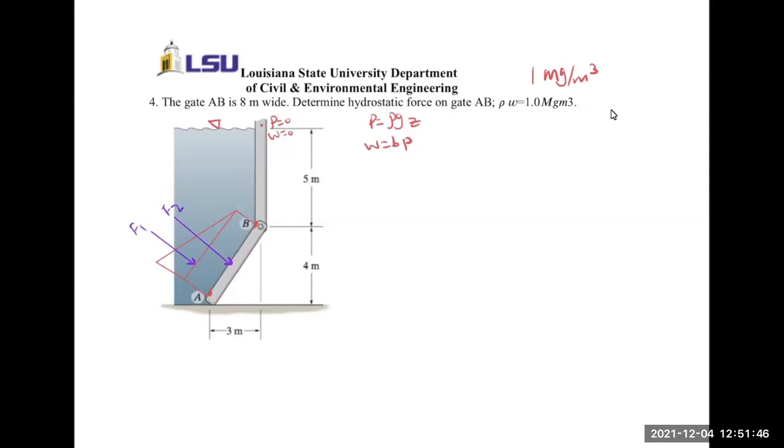Okay. So first, let's find the pressure and the weight at point B. At point B, the pressure PB would be rho g z. So 1 megagram per meter cube multiplied by 9.81 multiplied by 5, and we're going to get 49.05 kilonewton per meter cube.